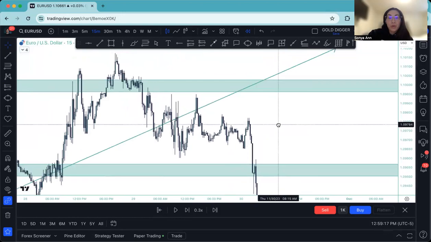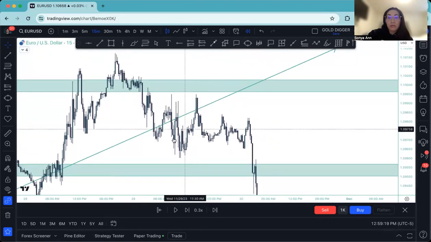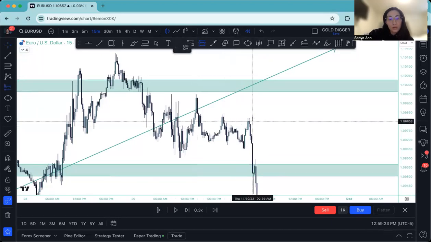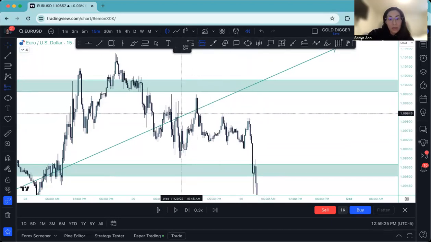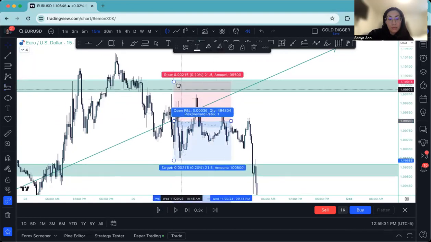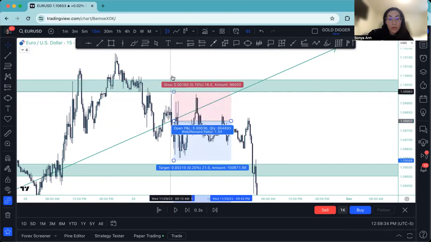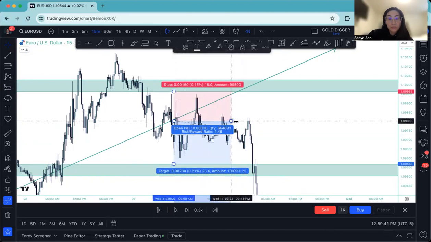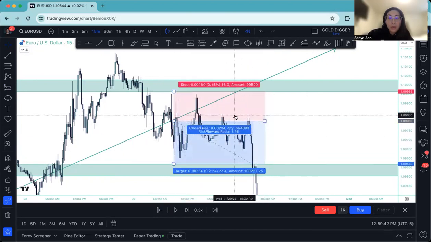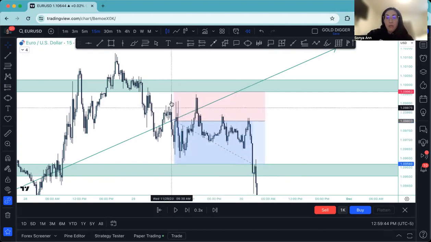Like if you were to do it off of this trend line, the break. So let's just say that it broke, it retested right there. You put it above that prior wick. You took it down. That would have been a 1 to 4.